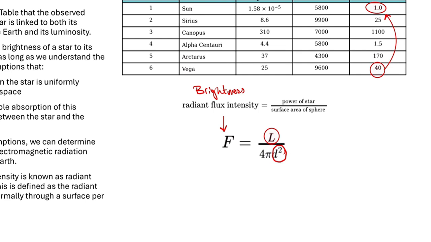By the way, 4 pi r squared, or 4 pi d squared, is the area of a sphere.